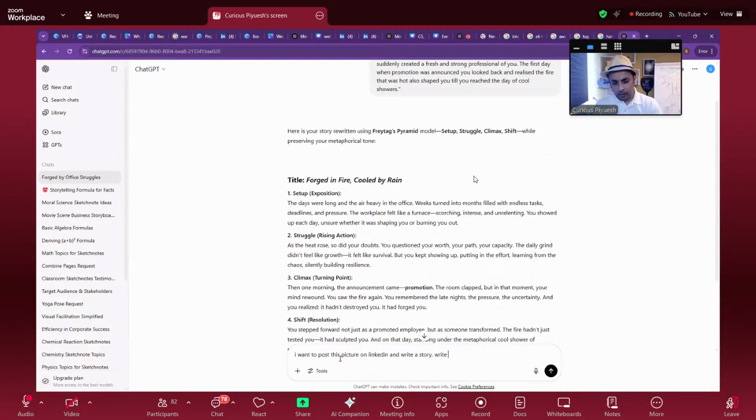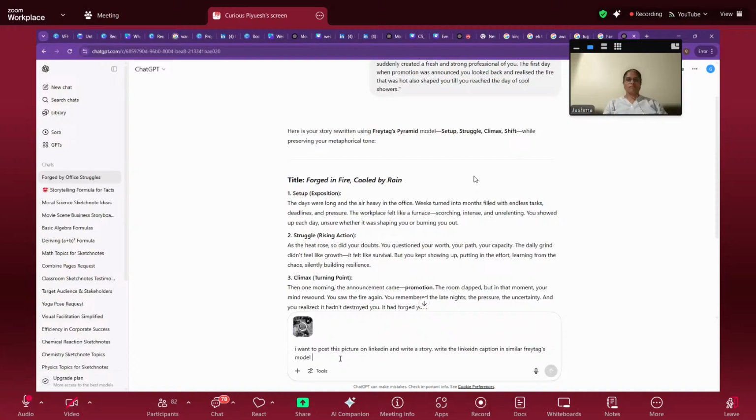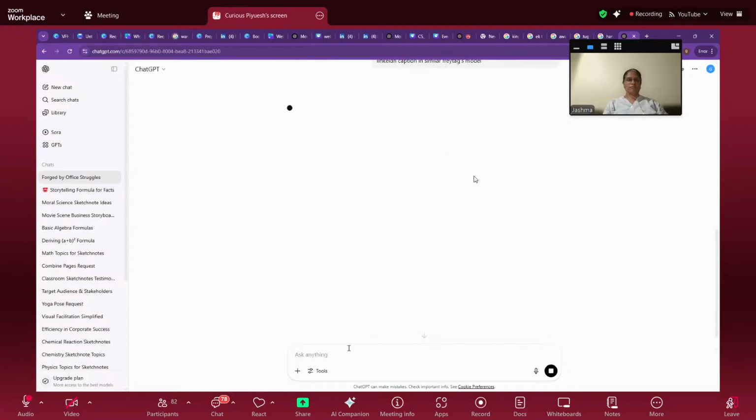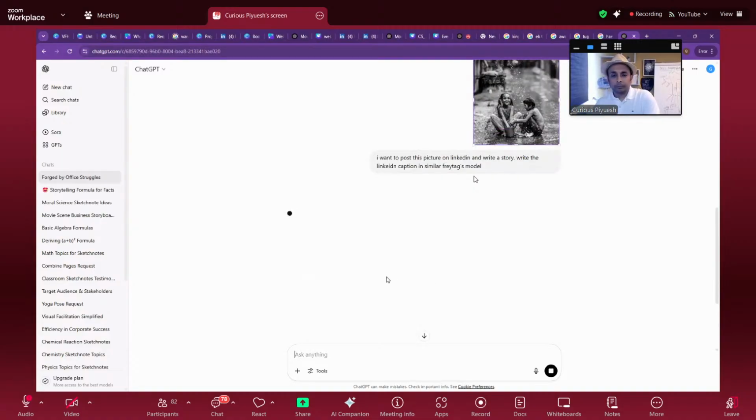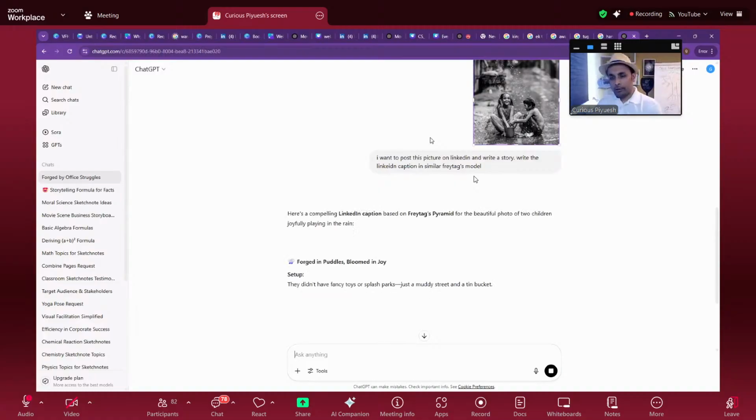Write the LinkedIn caption in similar Freytag's model. Let's see. How many of you think this is a game changer, folks? Write GM so that I know that it is affecting you. Write GM in the chat.